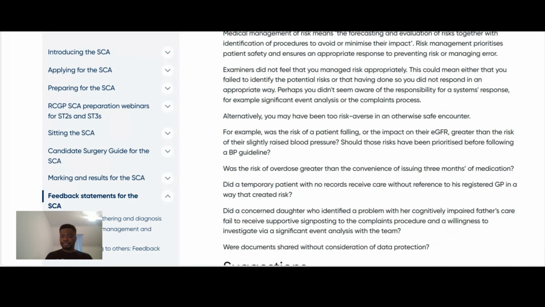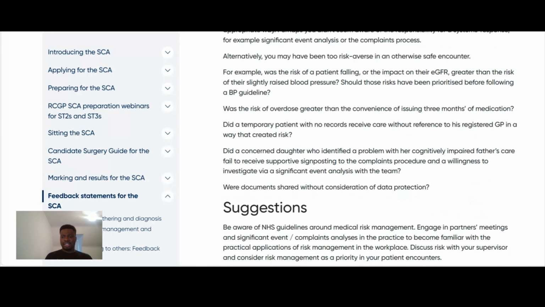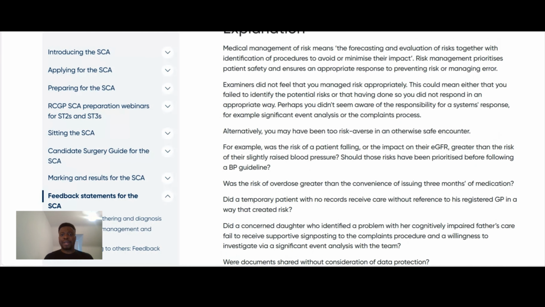If not, then this will be a problem. Therefore, the examiners will be forced to pick this option as a reason to mark us down. And the whole point of the risk management really is the prioritization of patient safety, and to make sure that mechanisms are put in place to ensure that the risks are reduced.